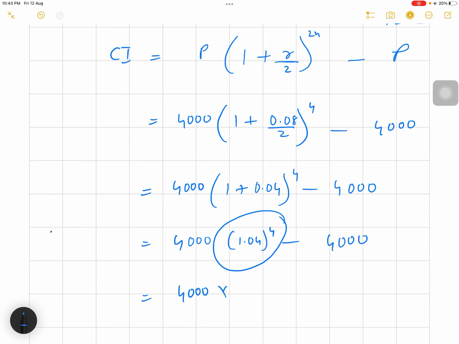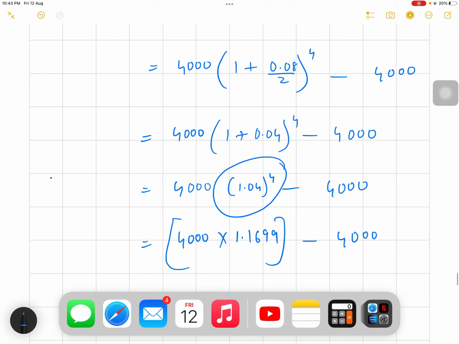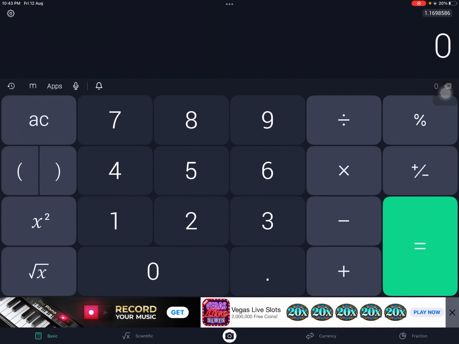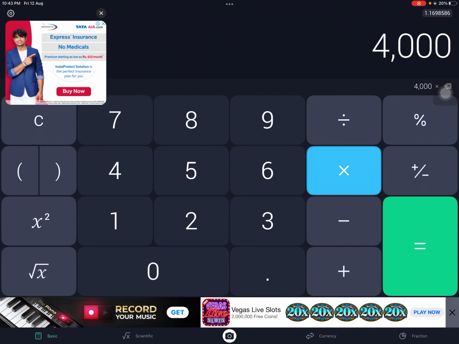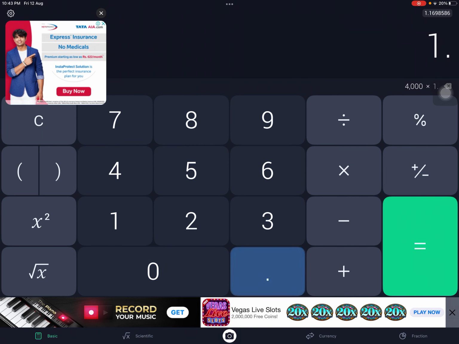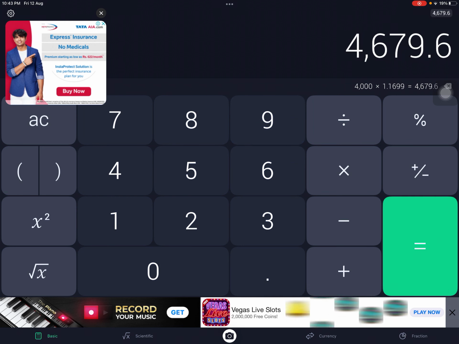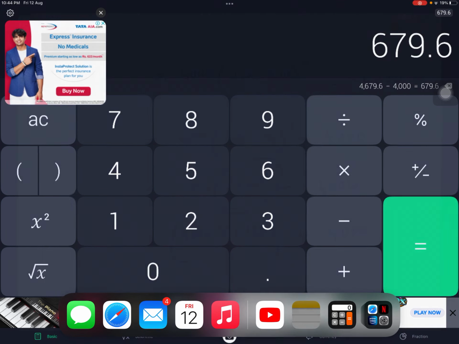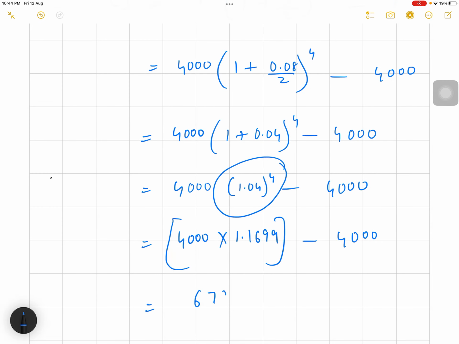So 4000 into 1.1699; first I'll multiply this, then minus 4000. 4000 multiplied by 1.1699 comes to 4679.6, minus 4000, so 679.6. 679.6 is the compound interest.